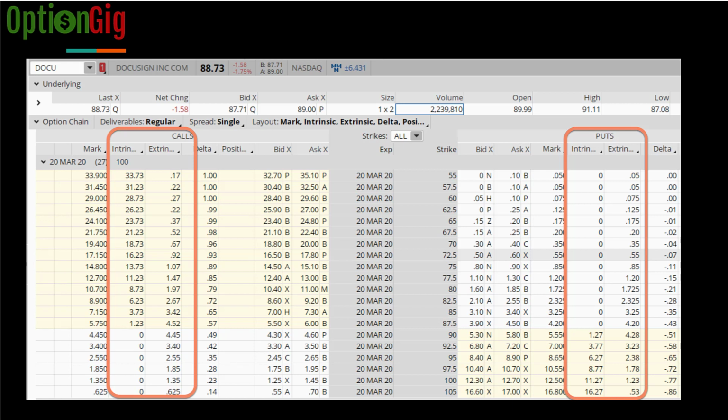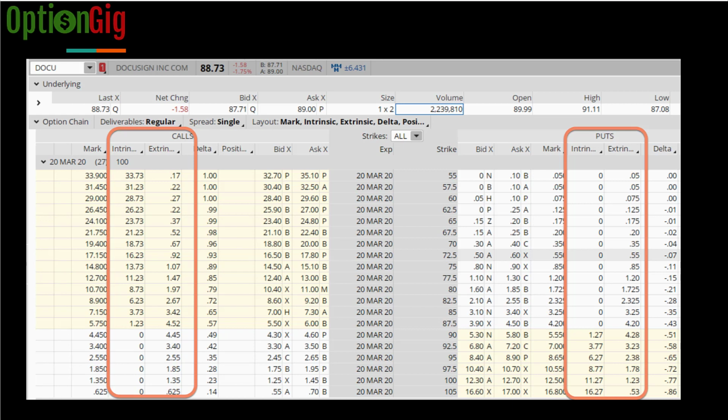So the closest at the money is $87.50, which is in the money, not really at the money because the stock is at $88.73. All the strike prices below for a call option are in the money.